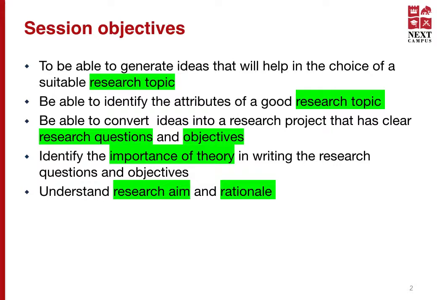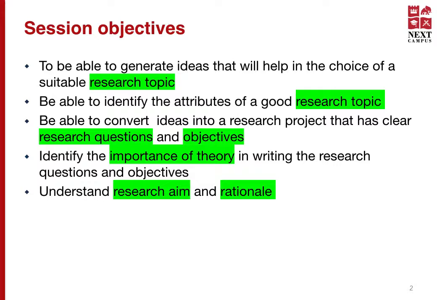Today's session objectives, we have 5 areas to cover. First of all, how do you select a research topic, and mainly what are the good attributes of a research topic and what are the ways of identifying a good research topic. Then we move to the most important area, the research question.